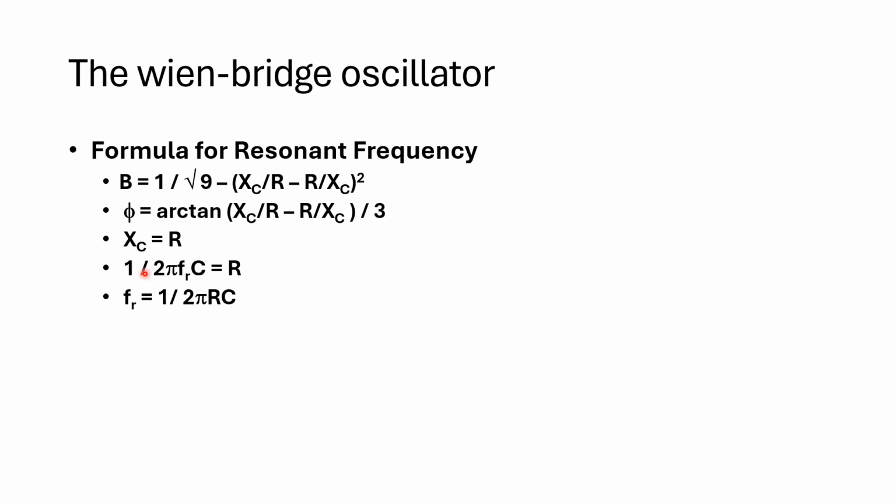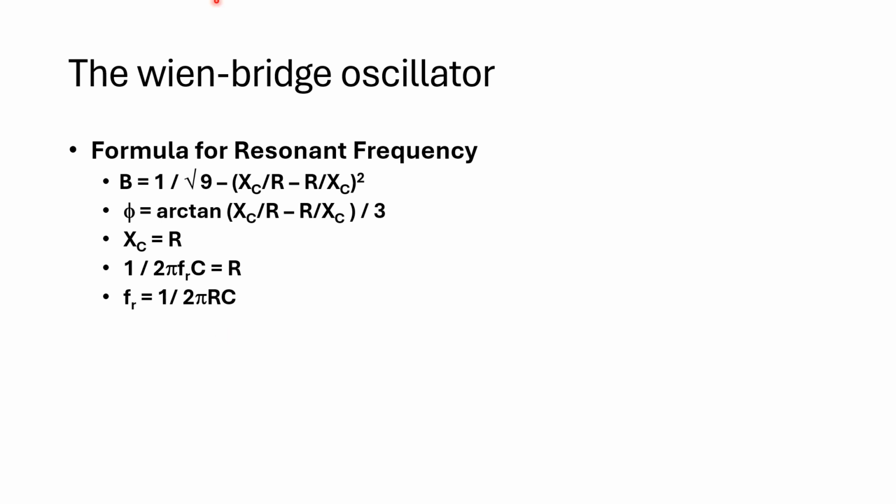When XC is equal to R, when your capacitive reactance is equal to your resistance, these formulas will be simplified, and we have 1 over 2 pi FR C equal to R, giving us our resonant frequency formula. So the formula for resonant frequency is FR equals 1 over 2 pi RC.